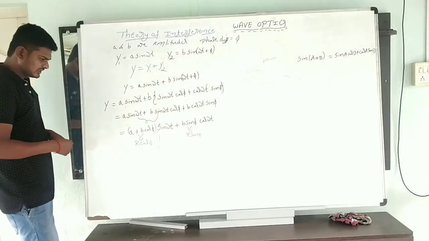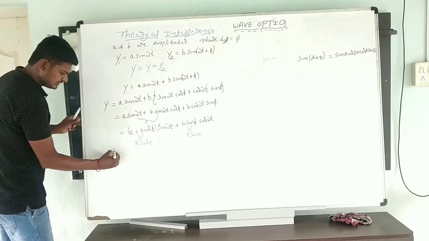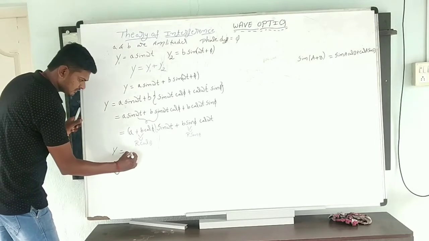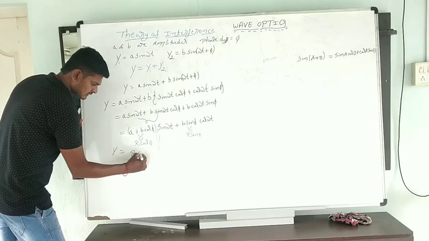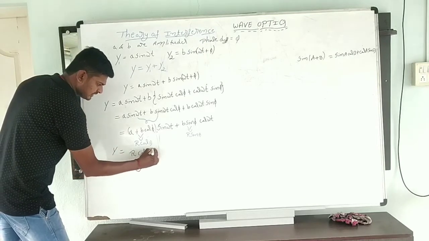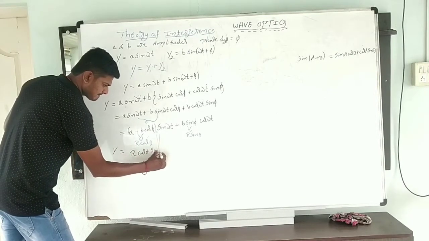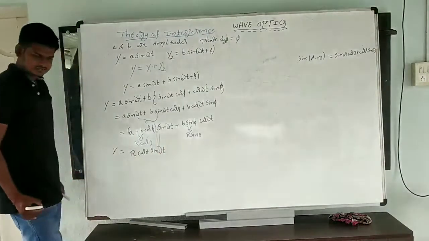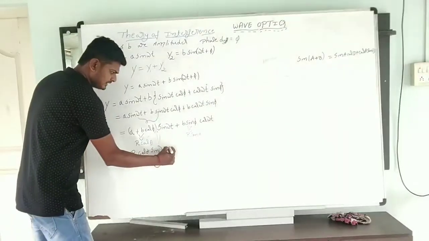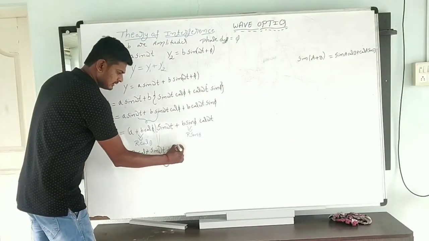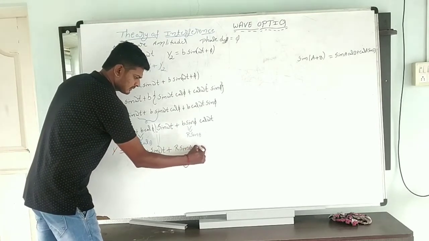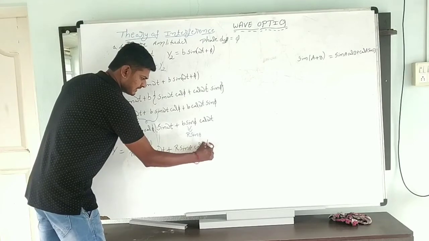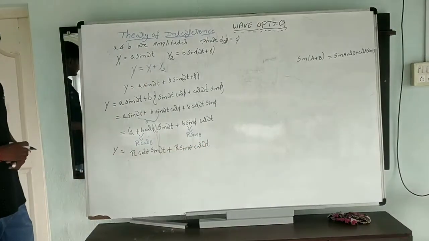Now the resultant displacement y is equal to R cos theta sin omega t plus R sin theta cos omega t.